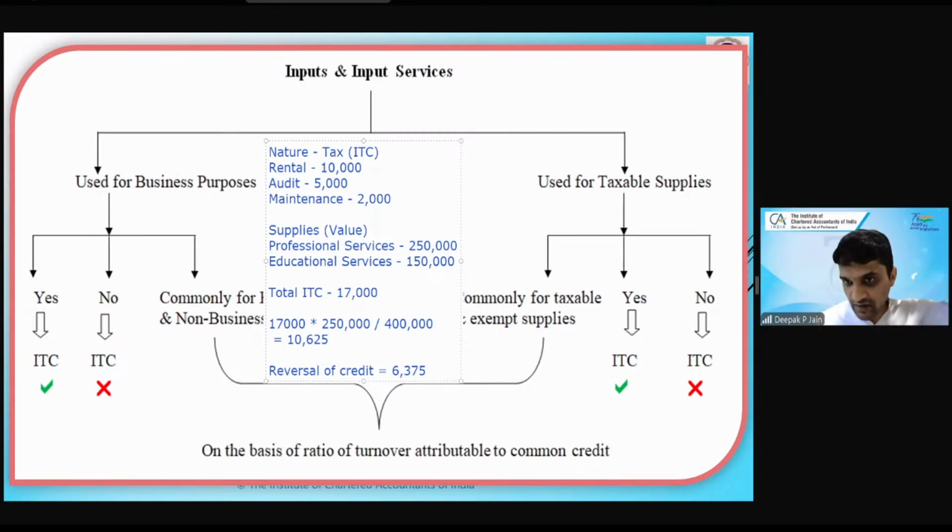Out of 17,000, we have used 10,625 to pay the GST on outward supply. रिवर्सल ऑफ क्रेडिट का यूज नहीं लिया जा सकता है. रिवर्सल का मतलब ही है कि आपको उसका बेनिफिट नहीं लेना है, इसीलिए कहते हैं उसे रिवर्स करना है. इफ यू टेक इट बाय मिस्टेक तो फिर आपको रिवर्स करना पड़ेगा विथ इंटरेस्ट.